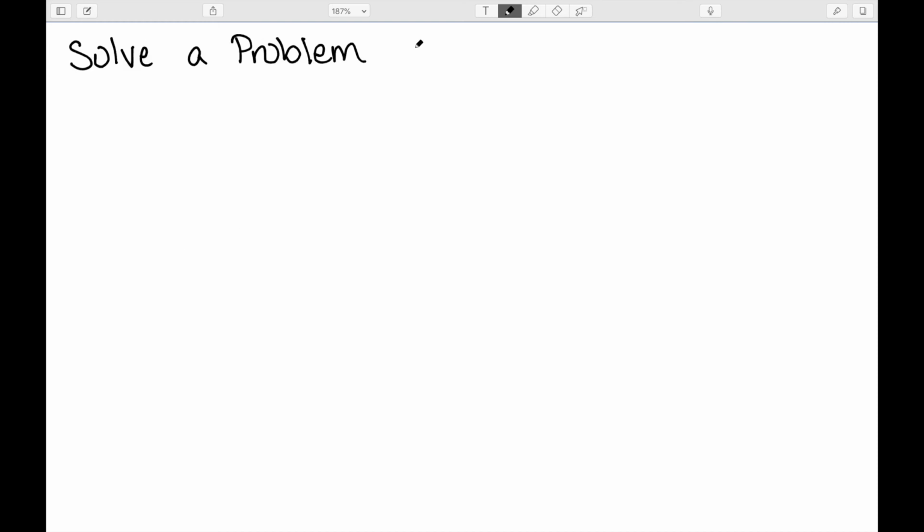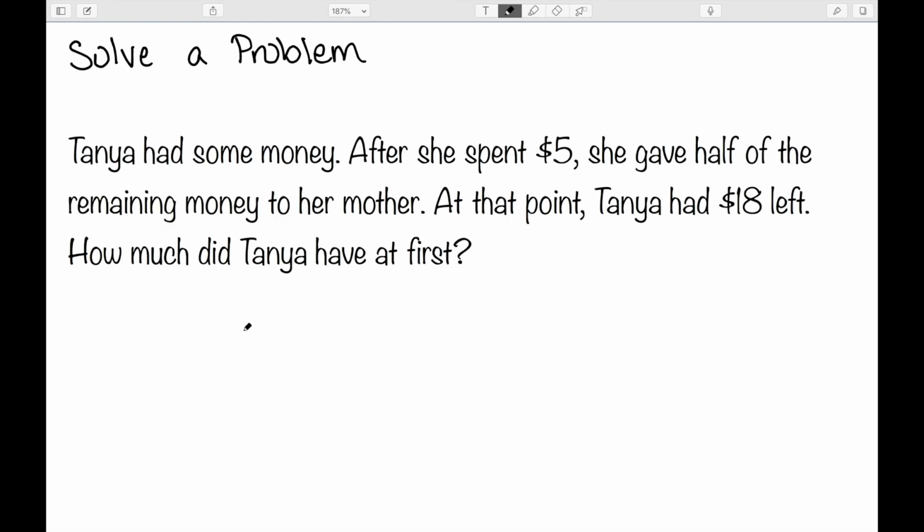Another common way of using equations in algebra is for solving word problems. As an example, Tanya had some money. After she spent $5, she gave half of the remaining money to her mother. At that point, Tanya had $18 left. How much did Tanya have at first? Well, we're going to let T stand for the number of dollars that Tanya had at first.